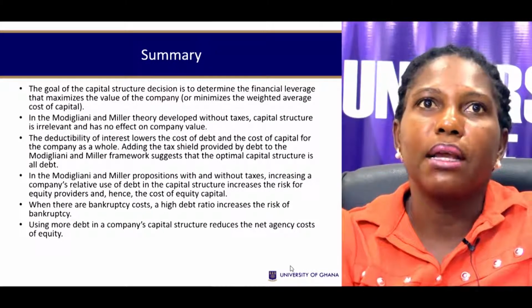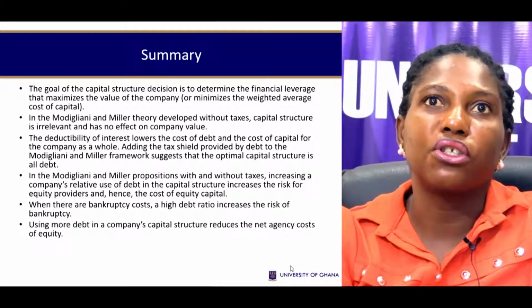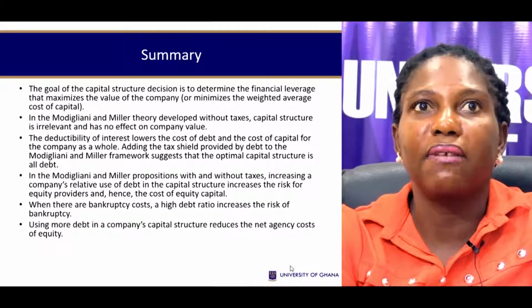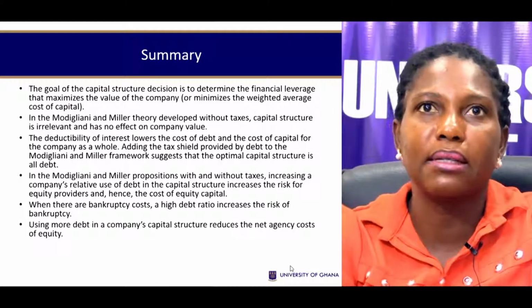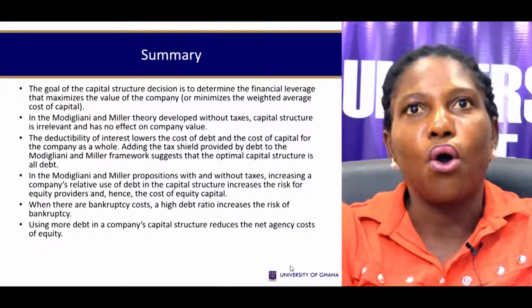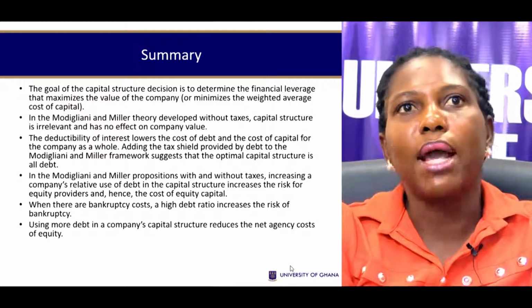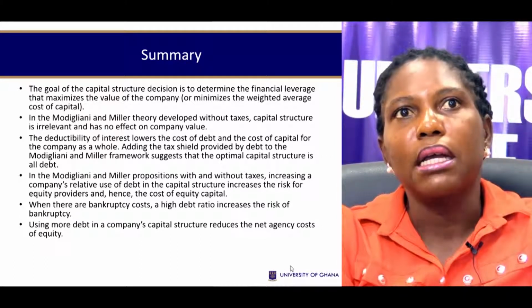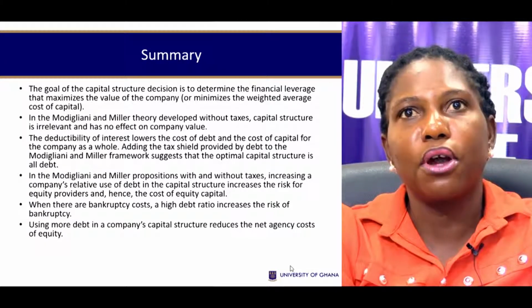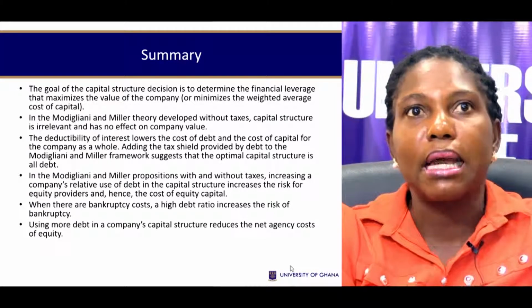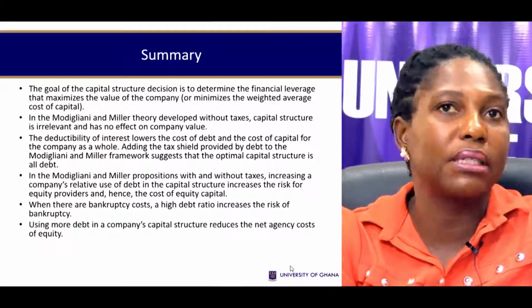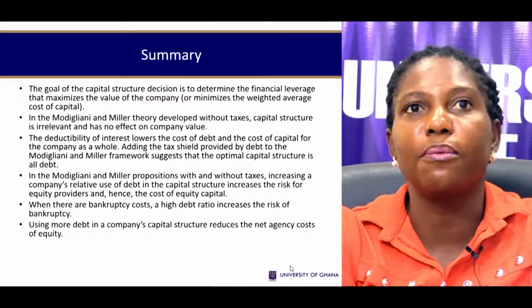So, summary. Typically, the goal of the capital structure decision is to determine the financial leverage that maximizes the value of the company, or as just previously mentioned, minimizes the weighted average cost of capital. In the Modigliani and Miller theory we developed without taxes, capital structure is irrelevant and has no effect on company value.